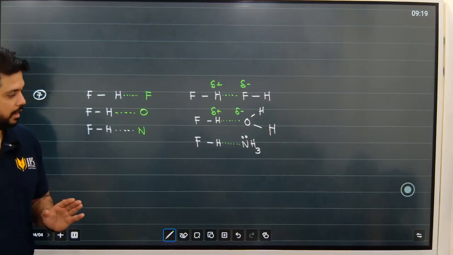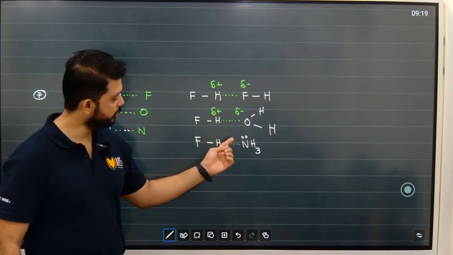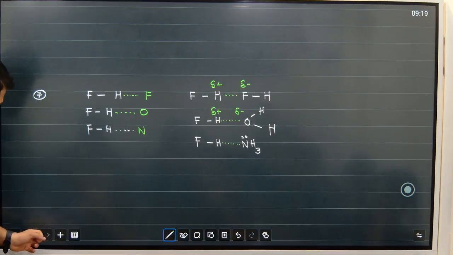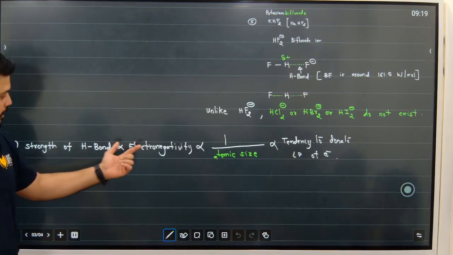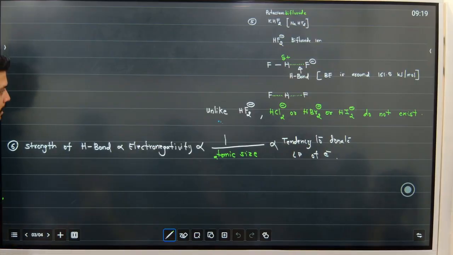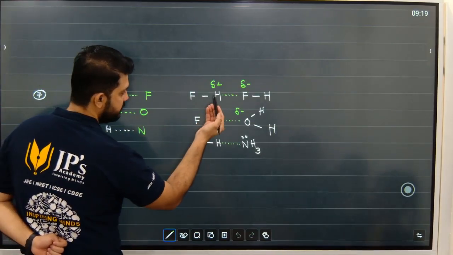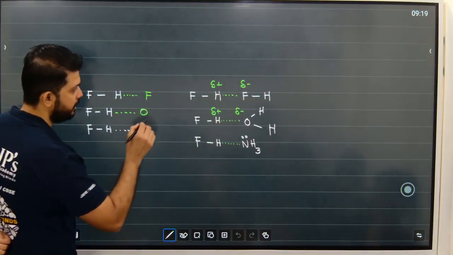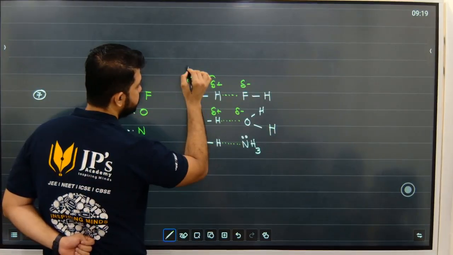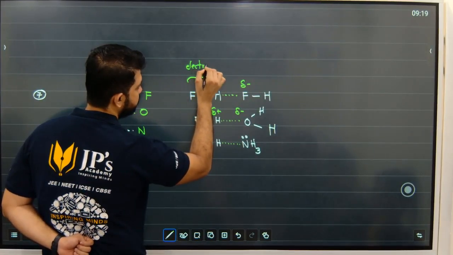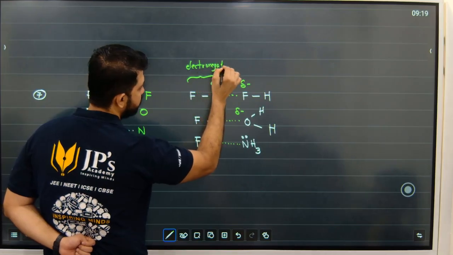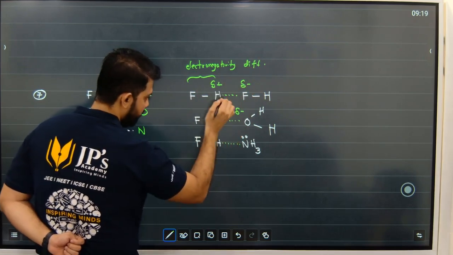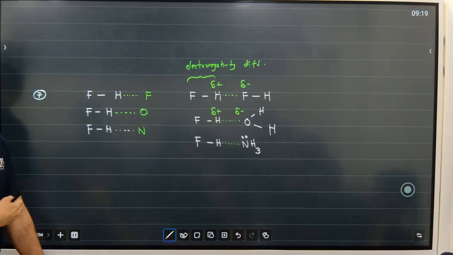So an easy way to identify over here is when you compare electronegativity difference. Since it is HF, HF, HF, the electronegativity difference over here is the same. I repeat, the electronegativity difference is the same.